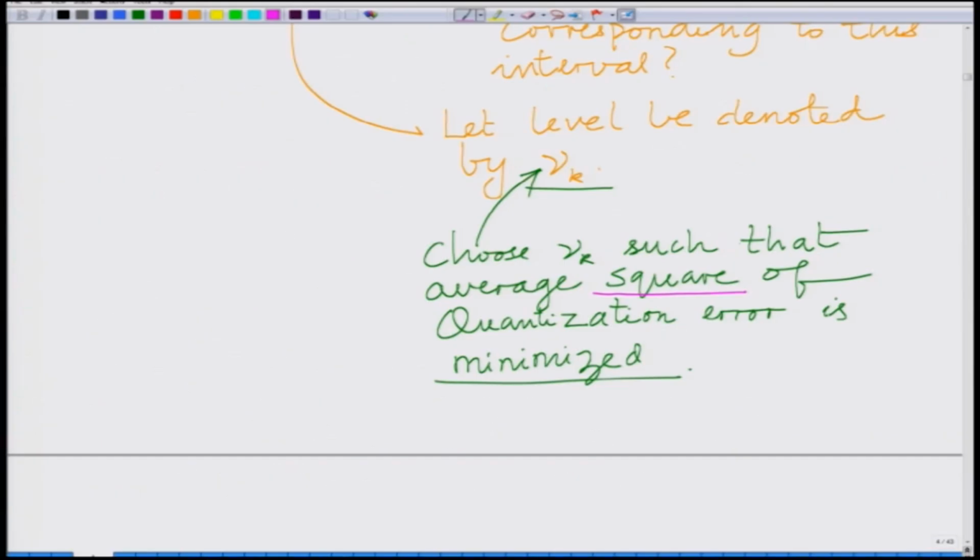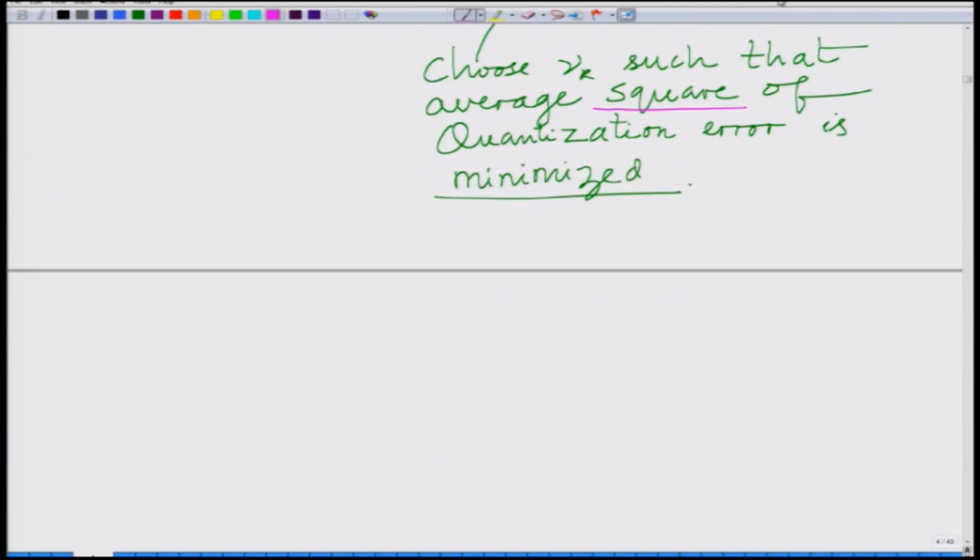And we are given that f_M(m) is the probability density function of the sample.